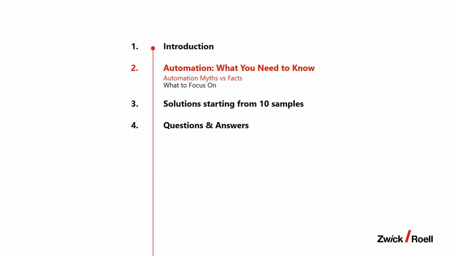These are things typically brought up which do not speak for automation, and that's something I'd like to draw first attention to. Number 3 is the core part: solutions starting from 10 samples to test per day up to 500 samples per day. And the last section, number 4, is Q&A, questions and answers.